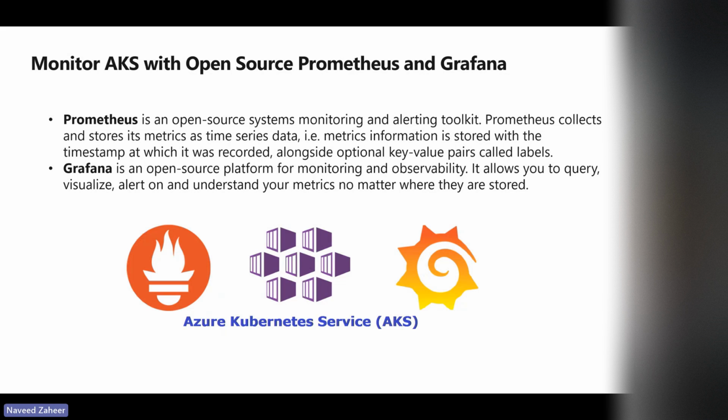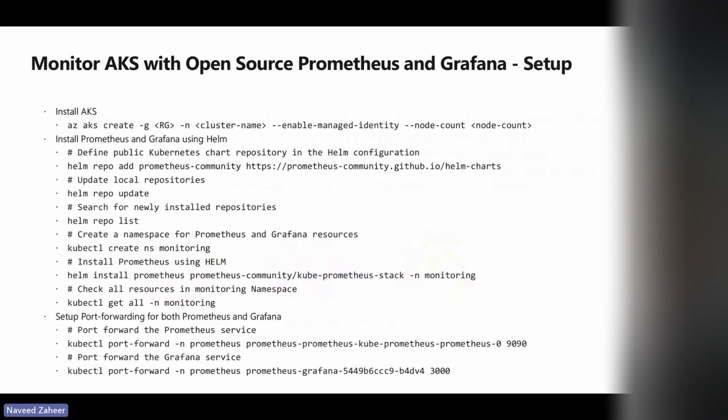And let's say that you are using AKS, you can use these tools with AKS as well, just like you can use them with any Kubernetes offering. AKS is nothing but a managed Kubernetes offering by Microsoft. On this screen, I'm providing all the steps that you have to do. Very simple. Of course, you have to set up AKS with managed identity.